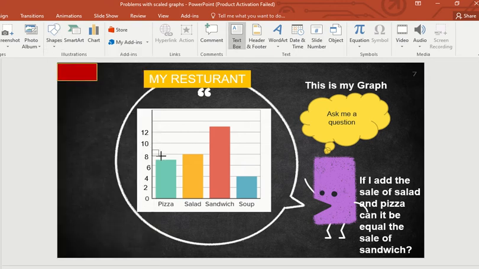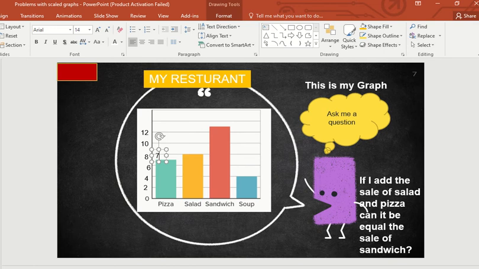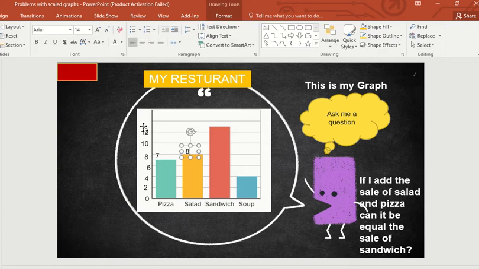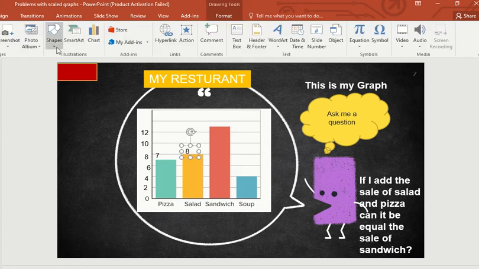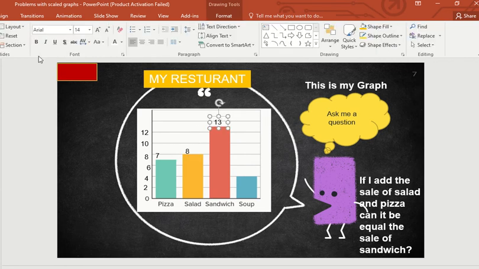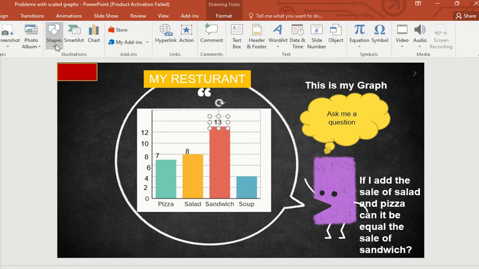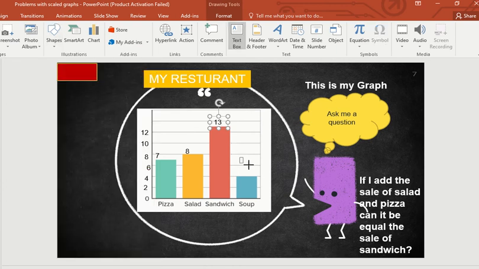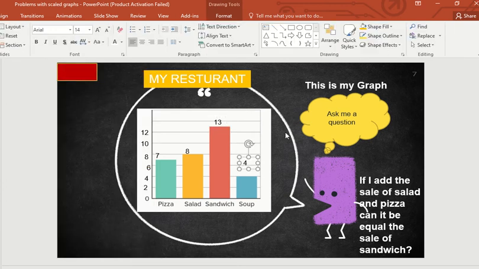For pizza, it's 7. For salad, it's 8, exactly on the line 8. How much is it for sandwich? 12? No, 13. A little bit up. And for soup? How much for soup? 4. Good. So here it is 4.